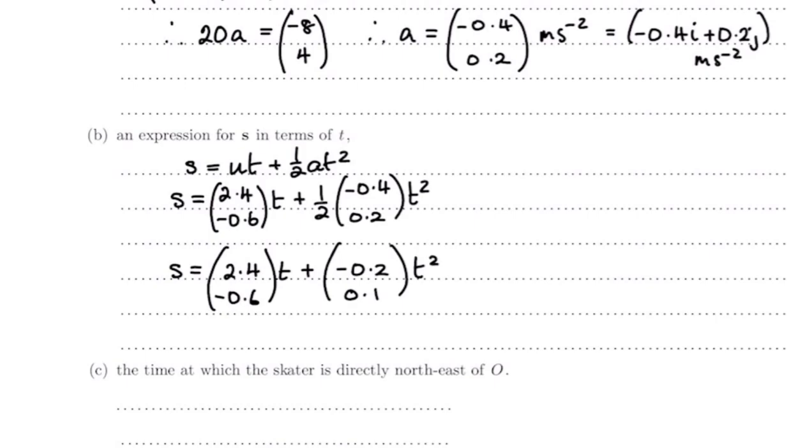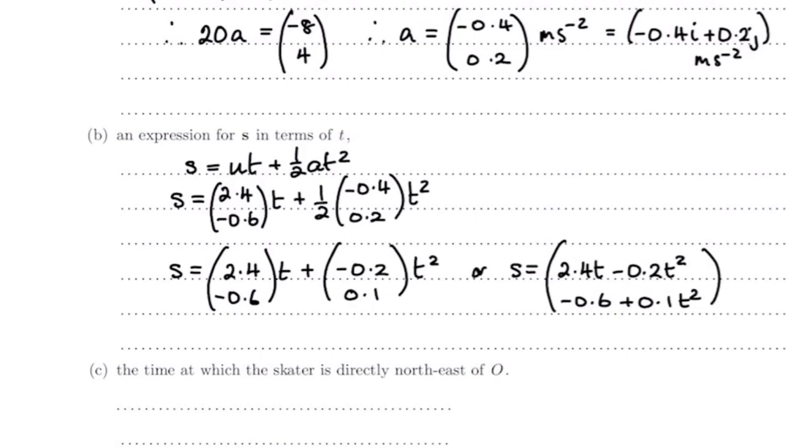Or you can pull it together as one big column vector, (2.4t minus 0.2t squared, -0.6t plus 0.1t squared).